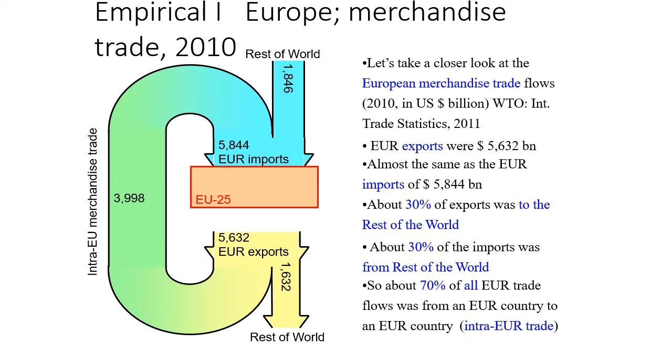So that means if we ignore the 30%, there's 70% of trade in Europe occurring with the European countries. So there's some intra-industry trade or intra-Euro trade that is occurring within Europe. And what we're going to see is that this is quite strange considering that these countries look very much the same. They're very similar in their makeup.